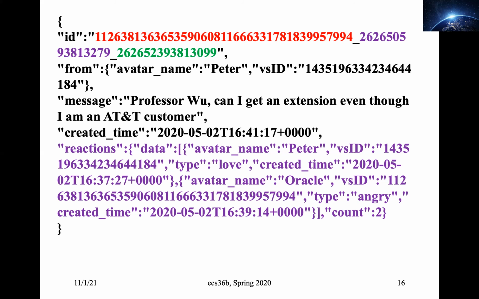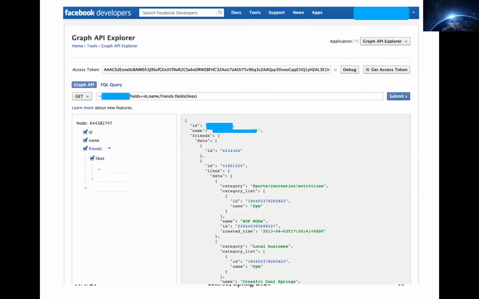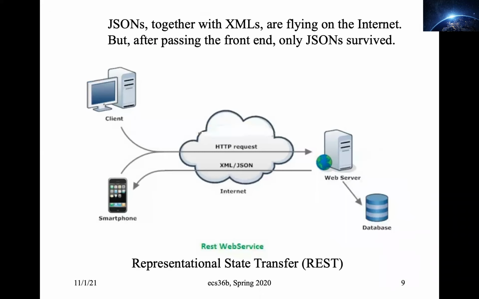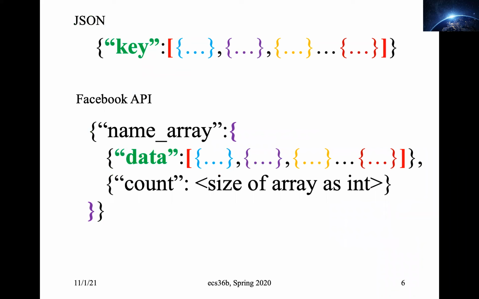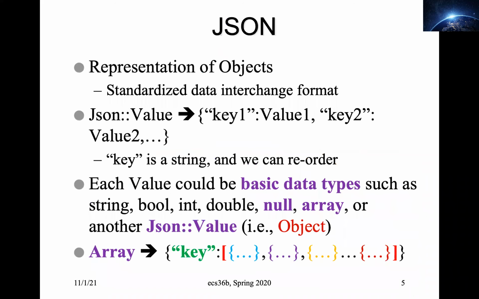Let's see, what are the possible types in JSON? Let me go back to my slide. Just remember that. In JSON, the key must be a double-quoted string. Key is always a string; there is no other way to represent it. But the value could be what?